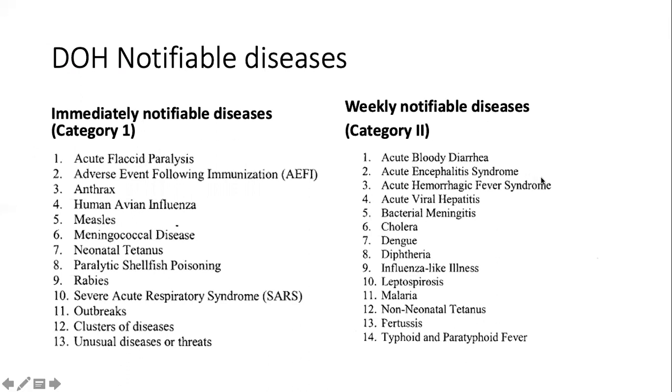Weekly notifiable diseases are these diseases. These are category 2 diseases. So within the week, every week, all the hospitals and healthcare centers report whether they have a reported case of this or not. Okay, so these are mandated by an executive order from the DOH.